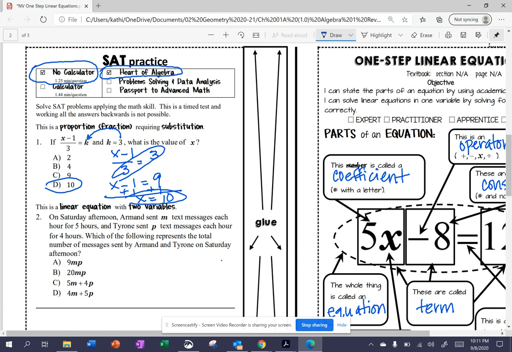So Armand is M, and he has 5 hours. And Tyrone is P, and he has 4 hours. So here is the 2 together. So C is my answer choice. We want to answer these pretty quickly. That's the end of the lesson.